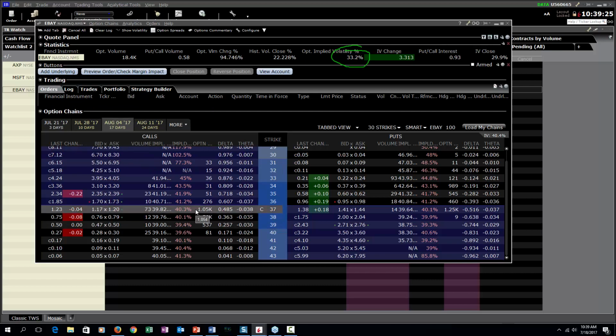More specific, more common would be buying a straddle. In a straddle trade, you buy a straddle or a strangle. You buy both a call and a put. So if we were doing a straddle, we might buy the 36 strike calls and buy the 36 strike puts. Why would you buy both of them?